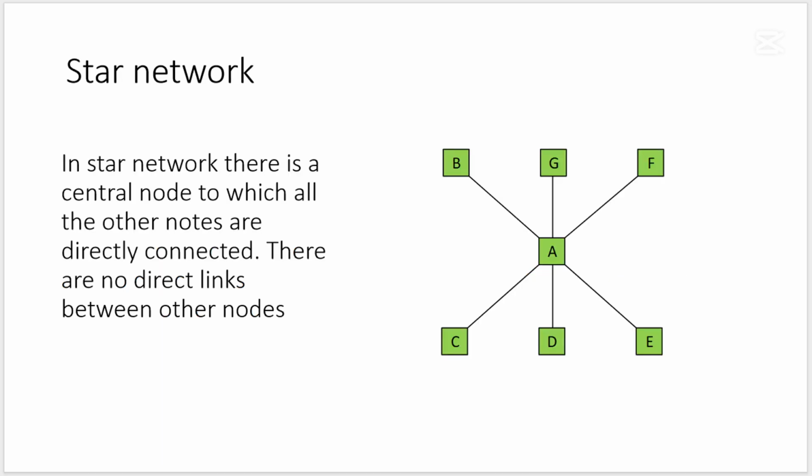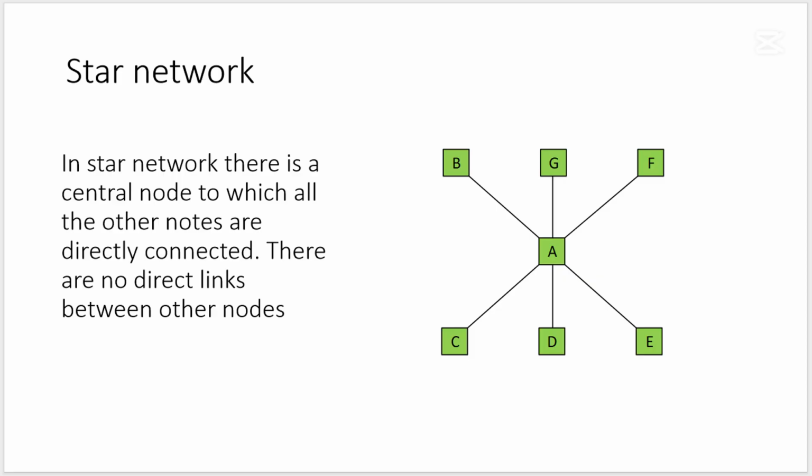So next we talk about star network. You can see in the picture, in the star network, there is a central node to which all the other nodes are directly connected. There are no direct links between other nodes.